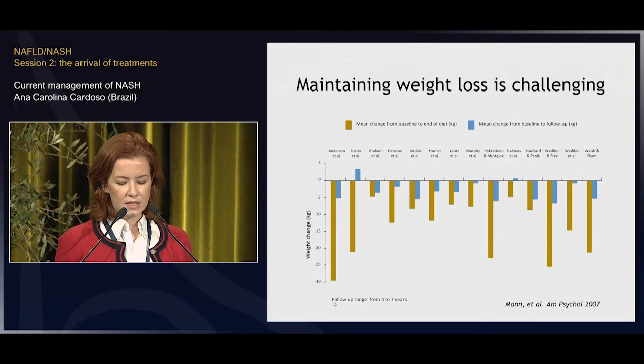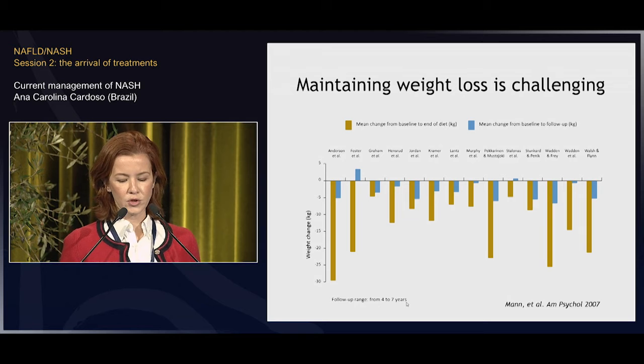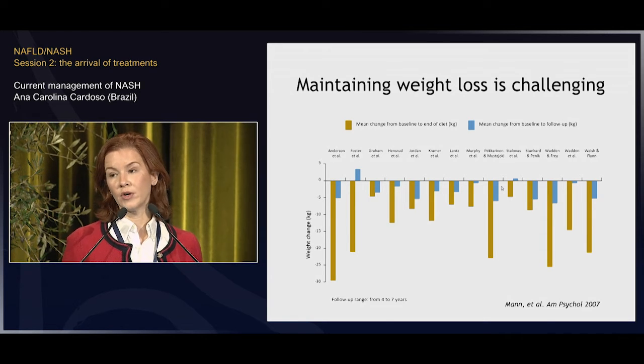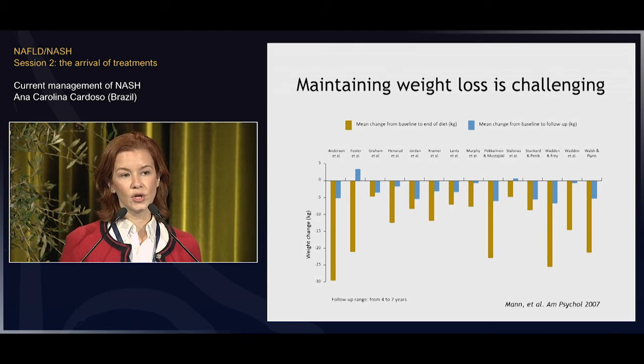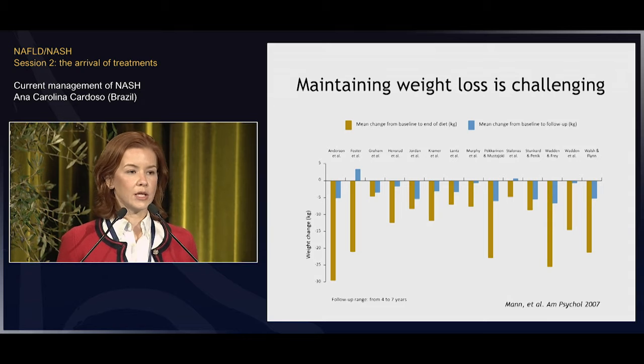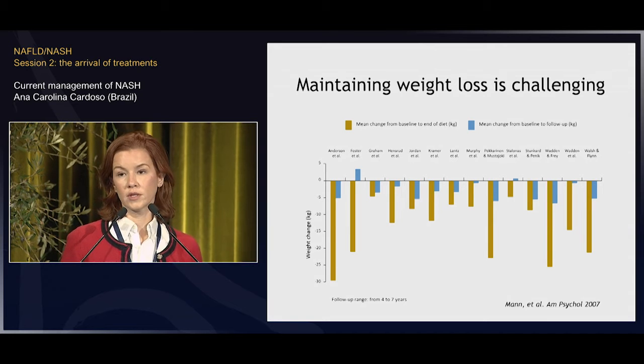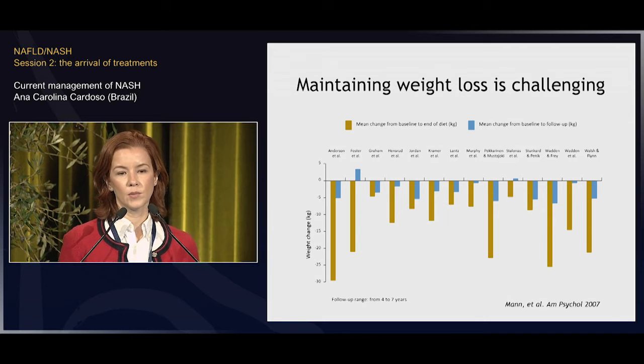But after a follow-up ranging from 4 to 7 years, we can see that the mean change from baseline is different. So it's difficult to maintain the weight loss. It's difficult to make these patients continue, but it's important. We have to support and take care of these patients and try to make them maintain this weight loss.